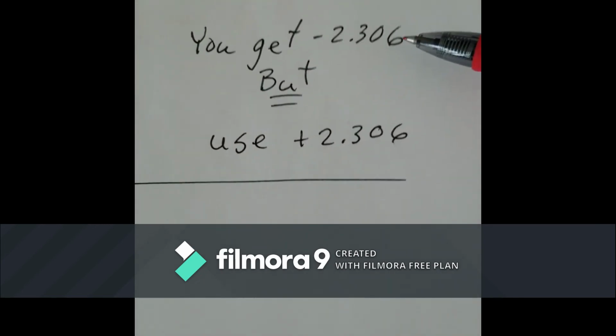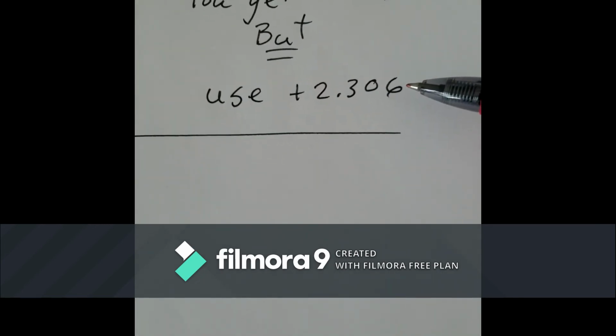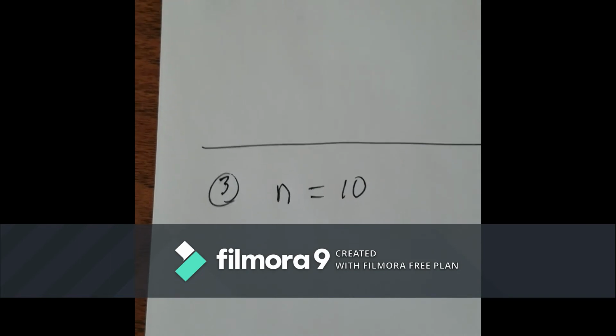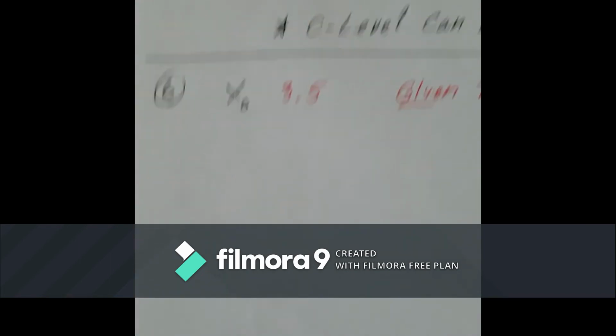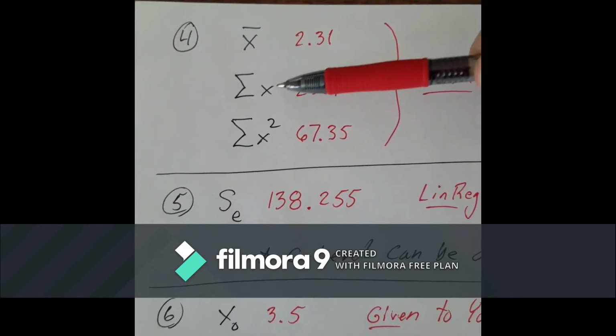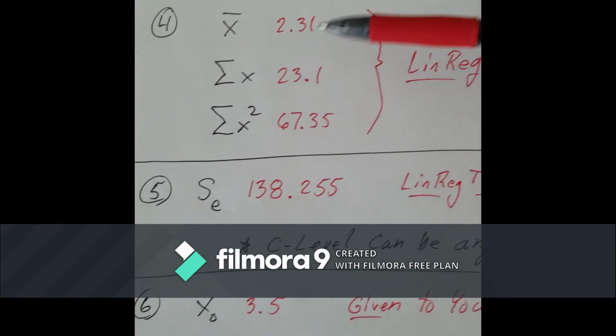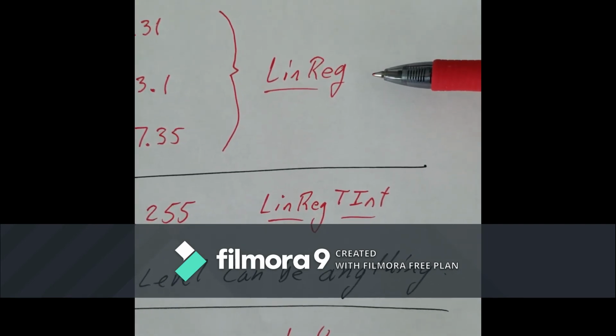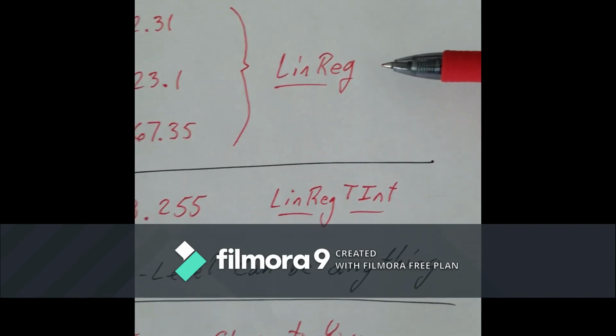You always use a positive t. Third, n equals 10. That's just how many numbers you have. Fourth, x bar, the mean, the sum of your x's, and the sum of your x squareds. All three of these numbers you can get off linear regression, where you find your linear regression line.